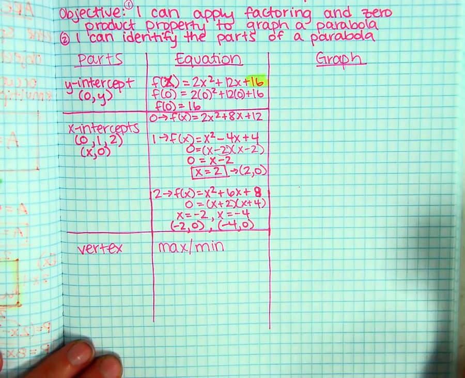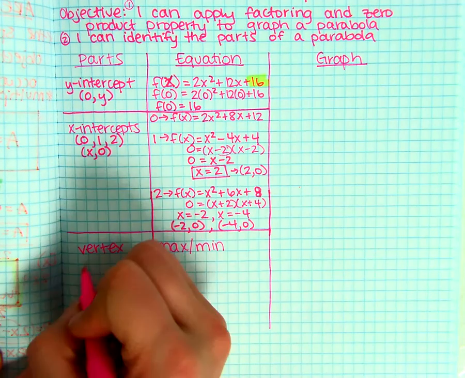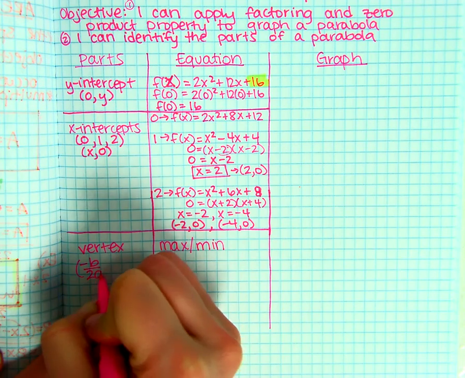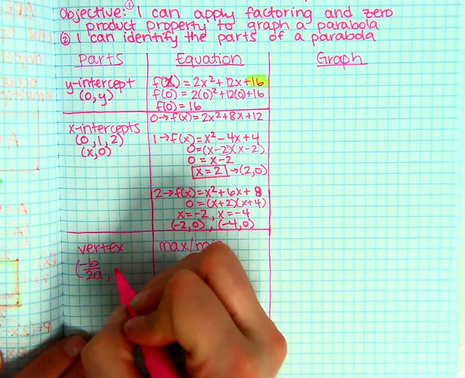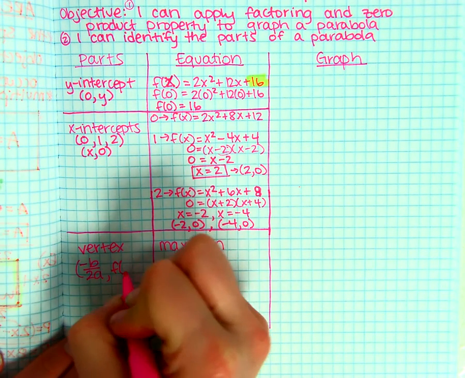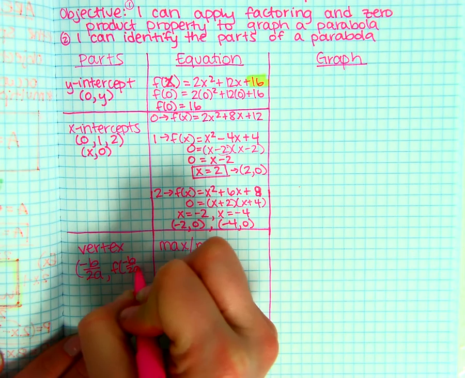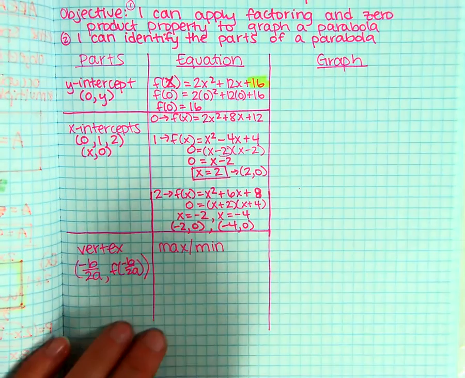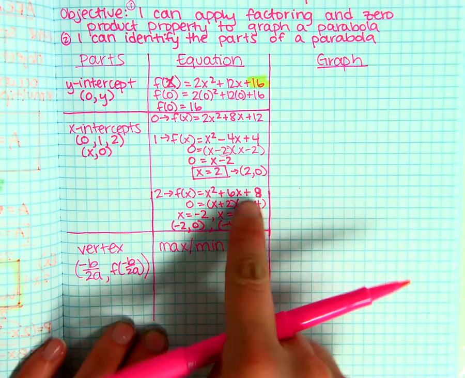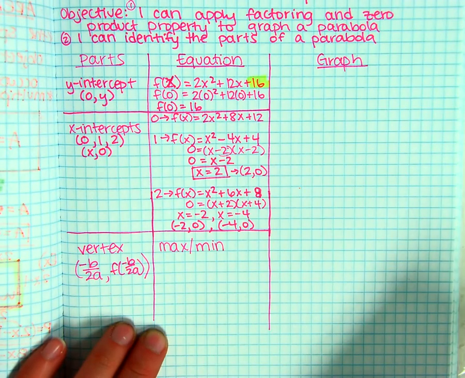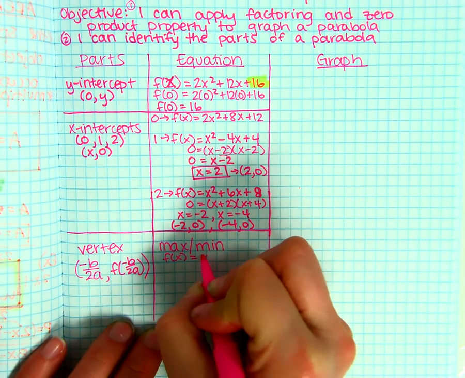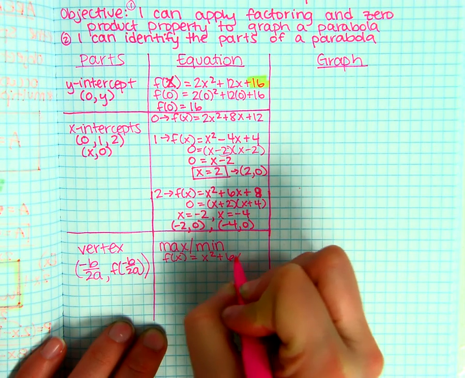So the vertex is a point, and we say negative b over 2a is the x value, and then we plug it in, and that's going to be f of negative b over 2a for the y value. So let's do an example. If we look at this one right here, let's find out what the vertex of that one is. So f of x equals x squared plus 6x plus 8.